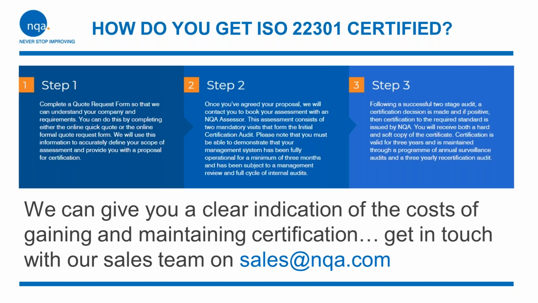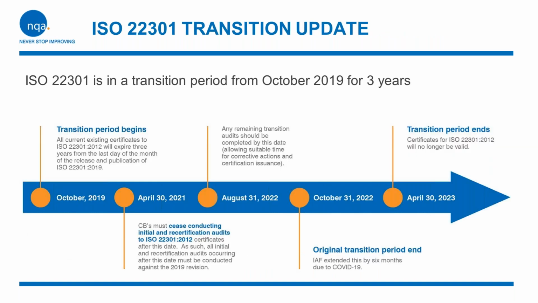So I mentioned earlier on in the presentation that there is a change from the 2012 to the 2019 standard. For those with a standard in place, whether that's your organization or some of your clients' organizations, here's an outline of the transition and what that means depending upon the maturity level of your BCMS.